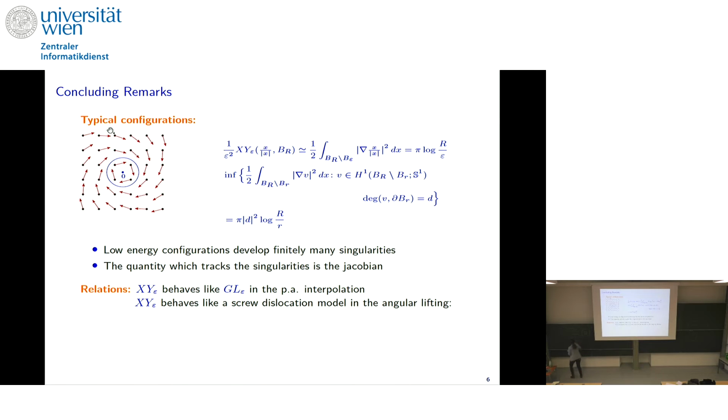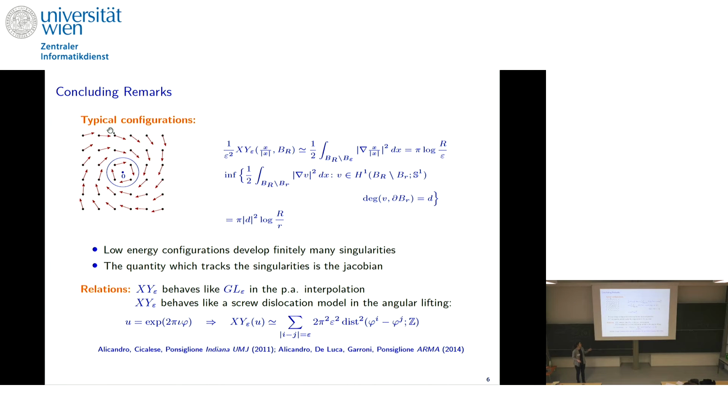Let me also mention that if you write your spin fields in the angular lifting, meaning that if I write u as the exponential of i phi, then this XY model energy will behave like the screw dislocation model energy in this angular variable, where essentially you have a periodic multi-well potential with minima in the integers.